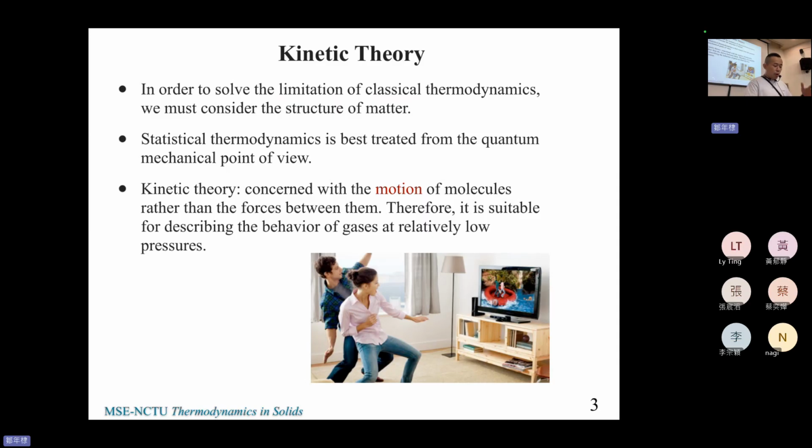We first consider that every system has small particles, small atoms. Statistical thermodynamics is best treated from the quantum mechanics point of view, so we first learn kinetic theory, and then we consider quantum mechanics later.